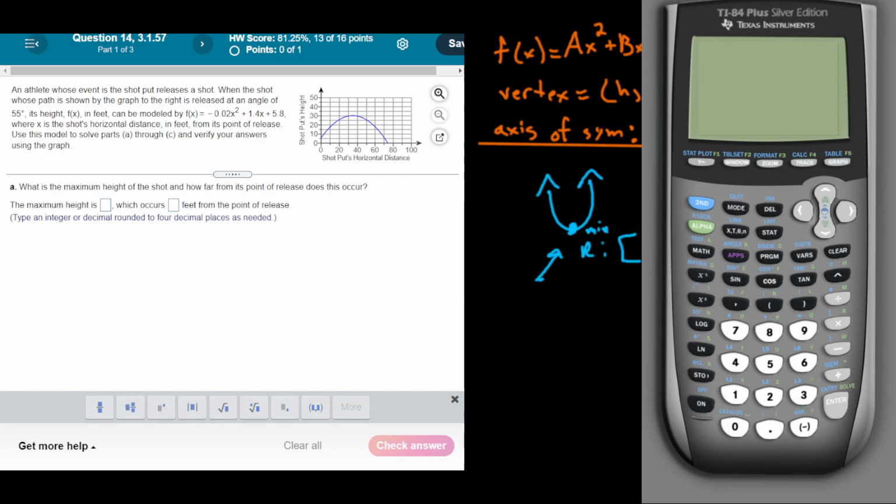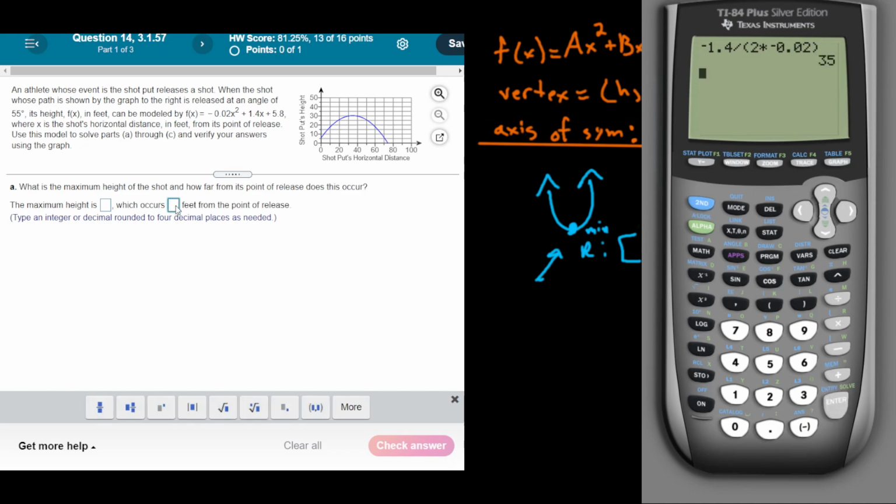Let me get the calculator out. Okay, so very carefully, let's go ahead and do negative b over 2a. So negative b, which is 1.4, divided by 2 times whatever your a is, which is negative 0.02. Let's close it up, hit enter. 35.